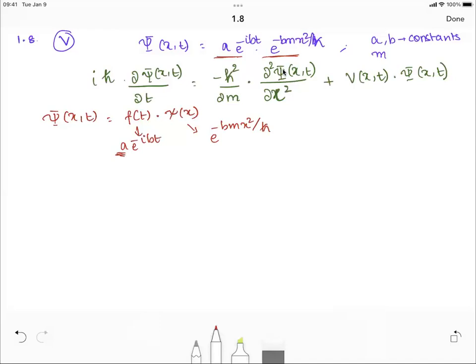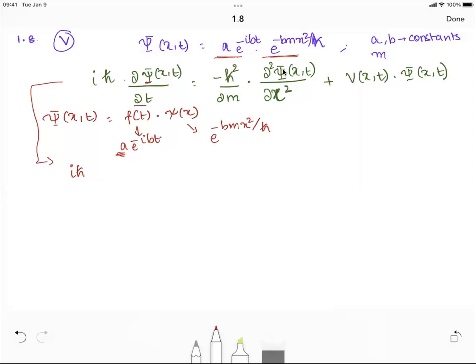So when we have a wave function that can be clearly separated into a time-dependent and a coordinate-dependent function, then the Schrodinger equation can be simplified, right? Before we divide the equation by psi, let me just write it out.